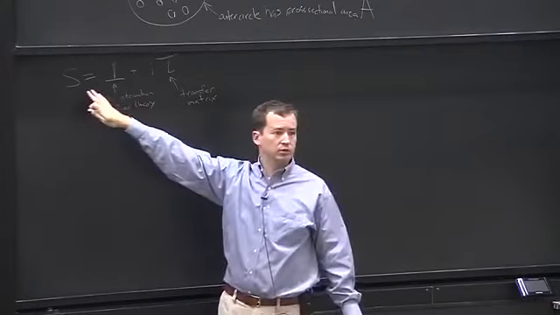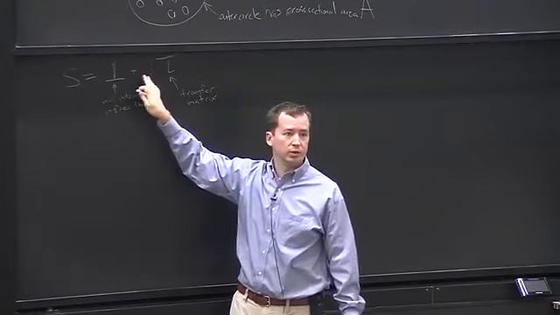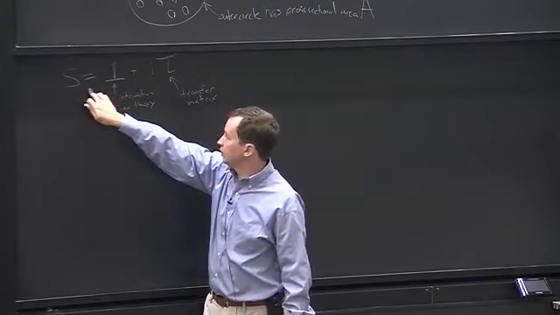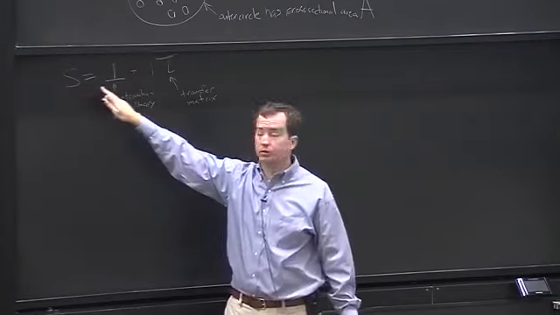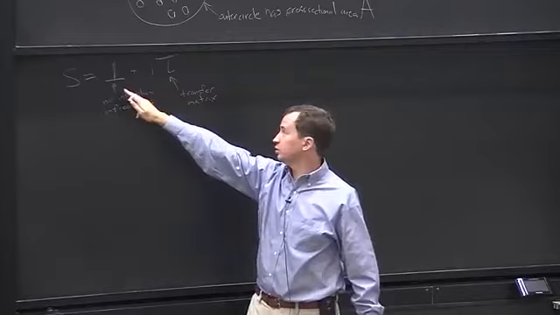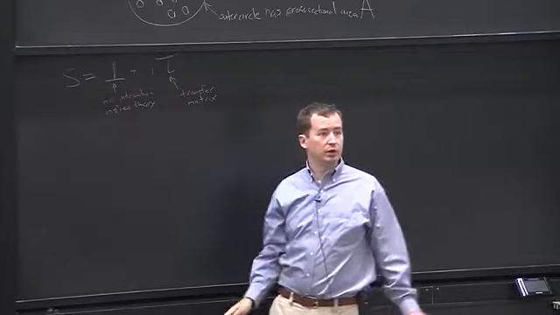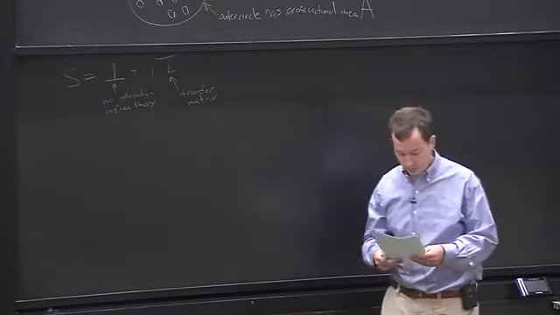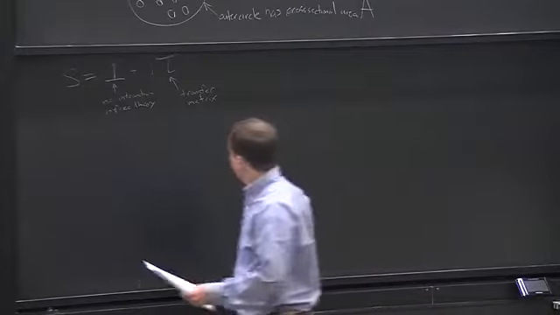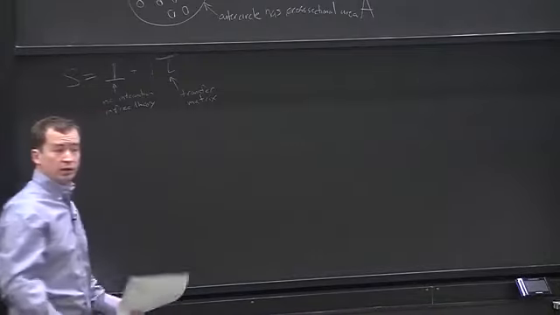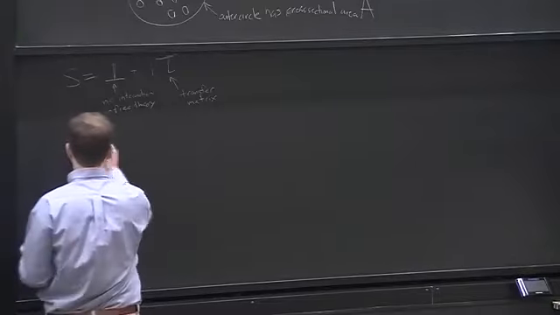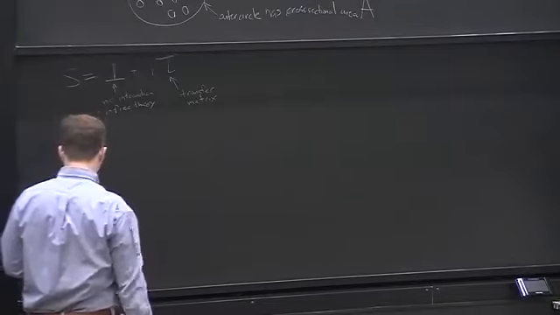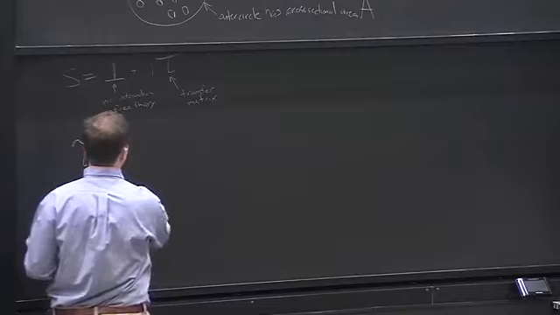So this looks like it's some expansion of an exponential, but actually not quite. This is just a definition that the S matrix is related to the transfer matrix by just adding or subtracting off the identity. And so this transfer matrix contains all of the interesting physics.